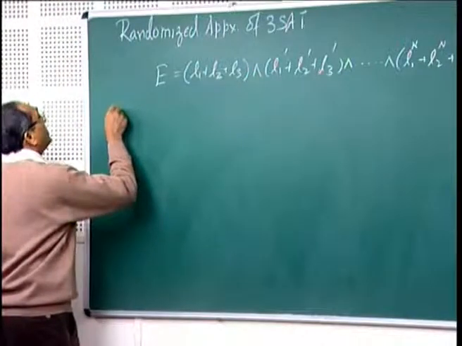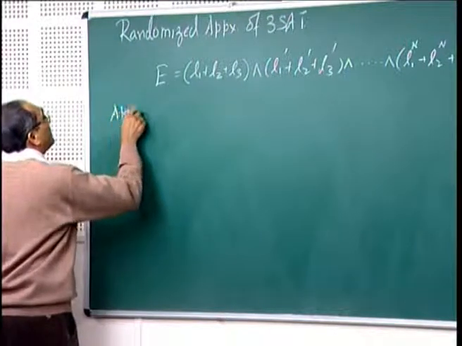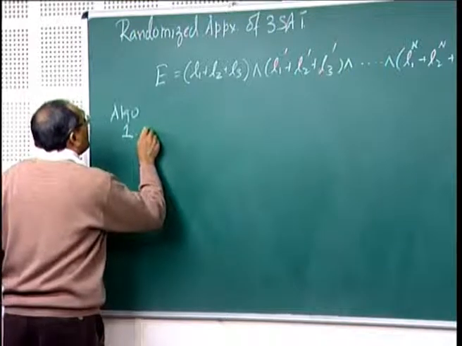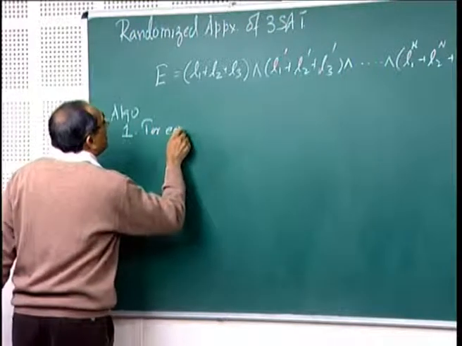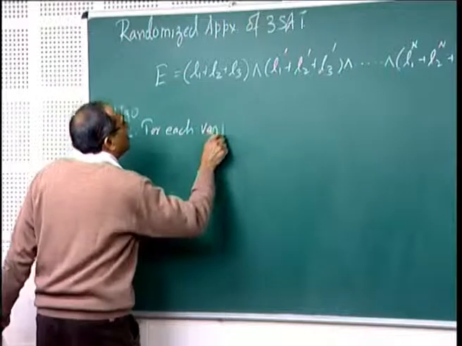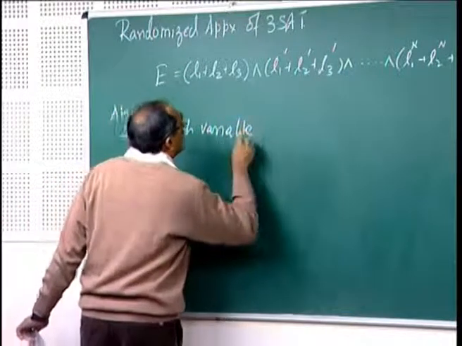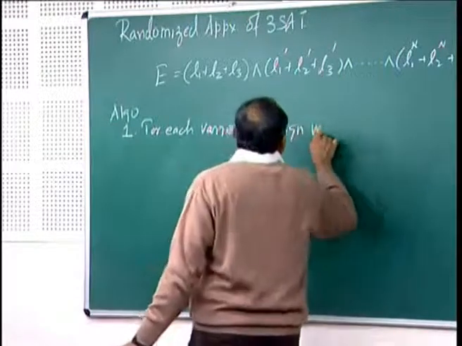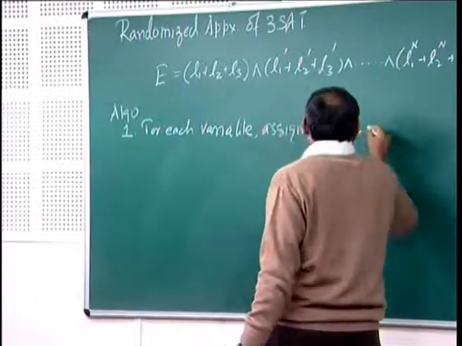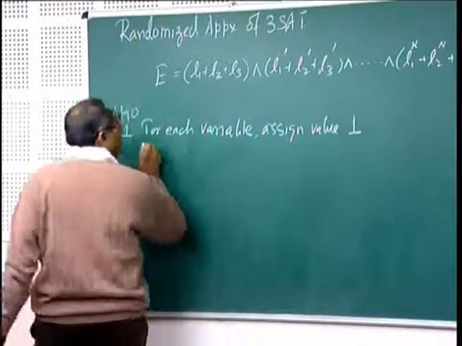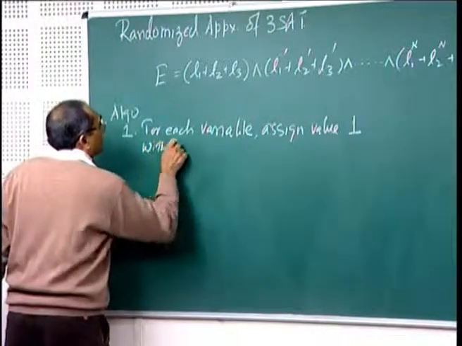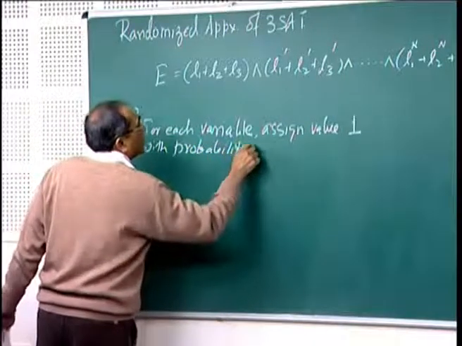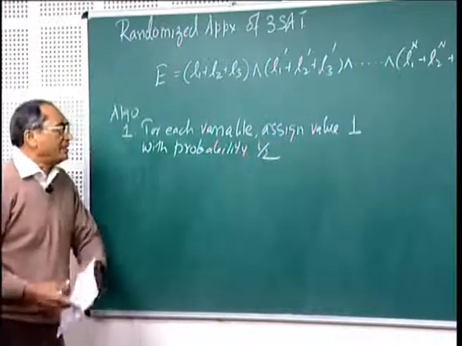So, let us do this assignment. Our algorithm is: for each variable, assign value 1 with probability one half, and with 1/2 probability it will be assigned 0.